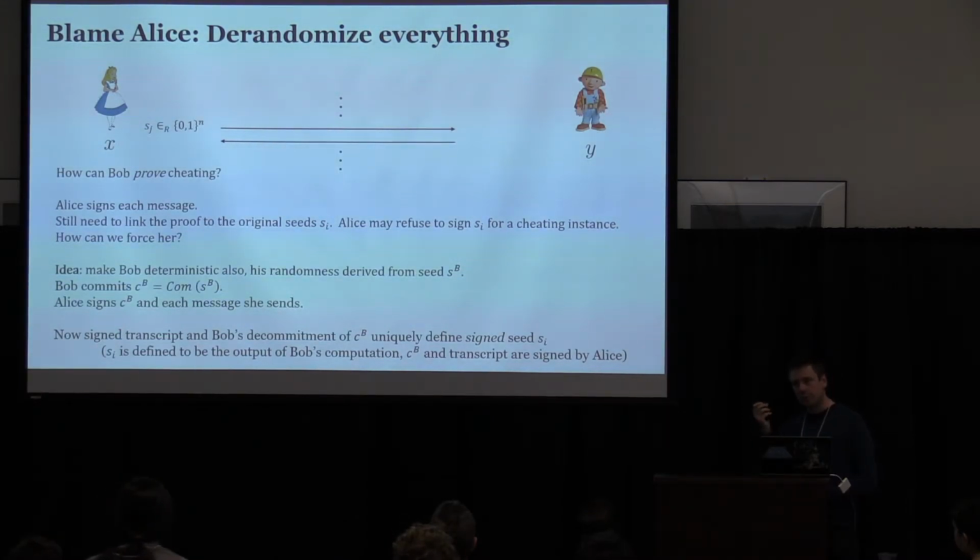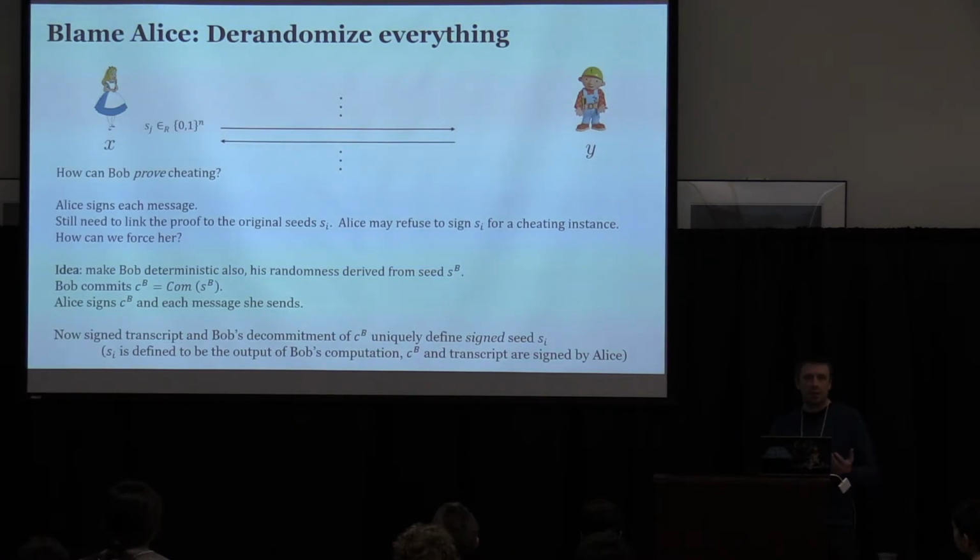Now, if you think about it, the signature of Alice on Bob's commitment, together with the signature of Alice on every message that she sends in this original OT protocol, is essentially a signature of Alice on the message that is output inside the OT. The verification of the signature will just reproduce Bob's actions.